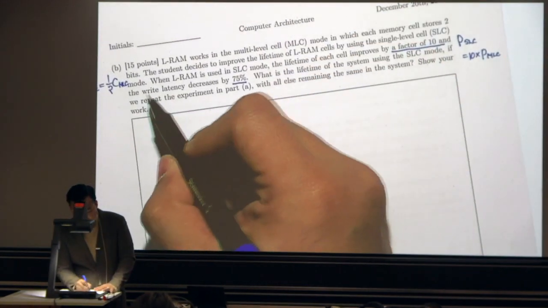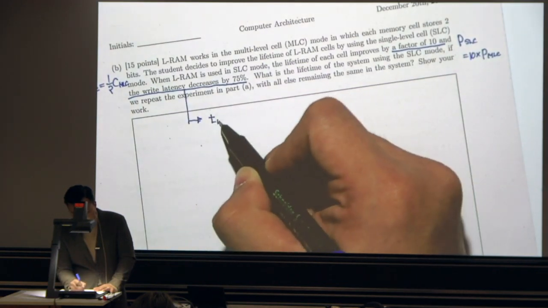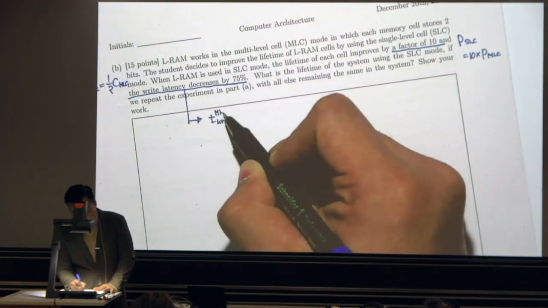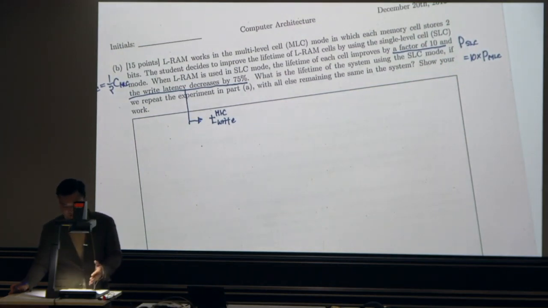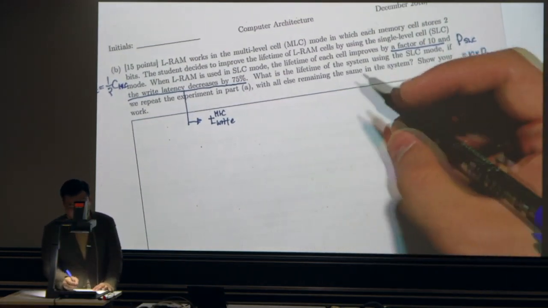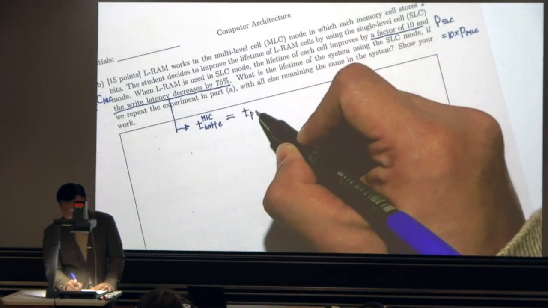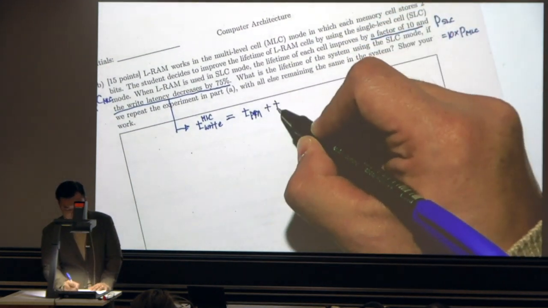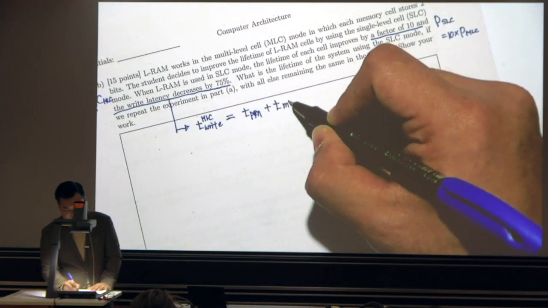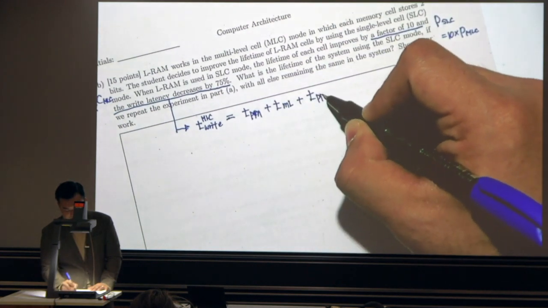So we should be careful with this because we use T write MLC, which means the time required to write a word to the LM device, but it consists of the transfer time from the processor to the memory controller, the transfer time from the memory controller to LM, and the write latency of LM.